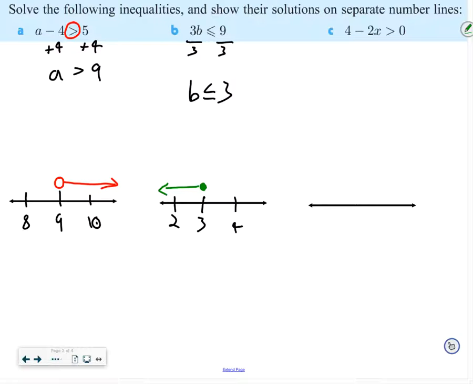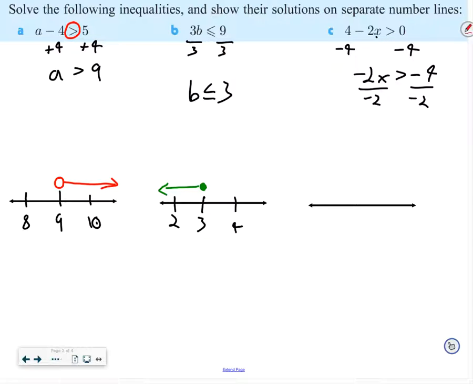And I shade in my solutions that way. In part C, to get x by itself on the left side, I'm going to subtract 4 from both sides. I get negative 2x is greater than negative 4. Divide by negative 2, divide by negative 2.